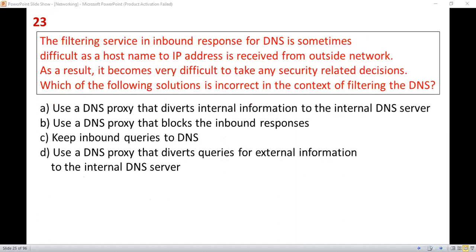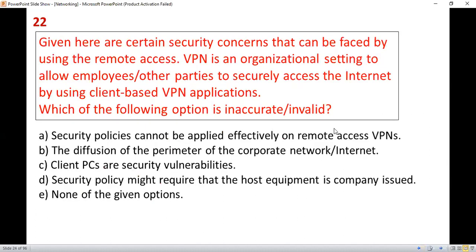Let me look at the question again. The first option says the security policy cannot be applied effectively on a remote access VPN when we are working with a virtual private network.